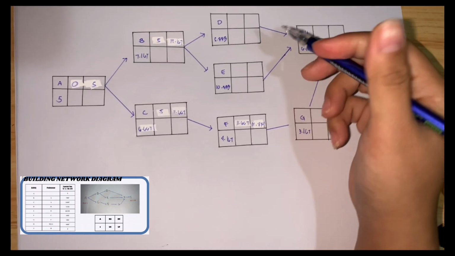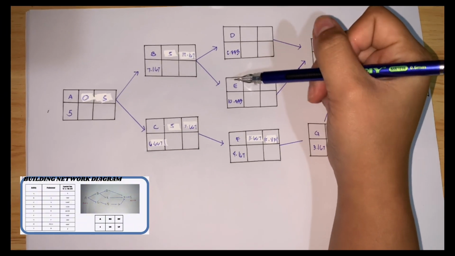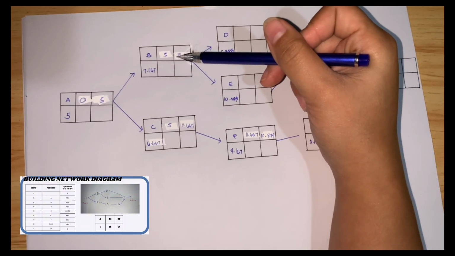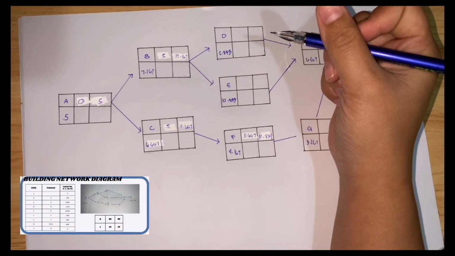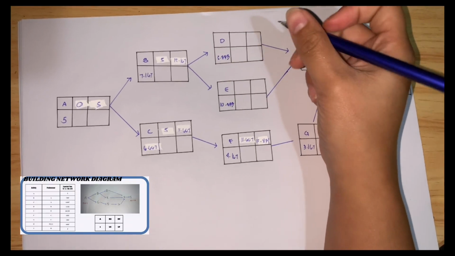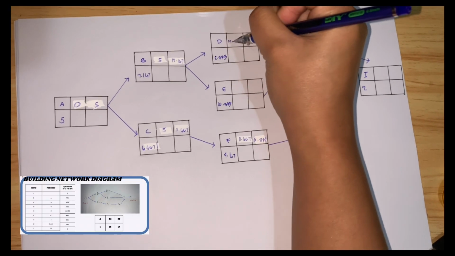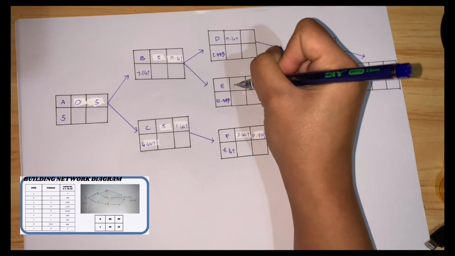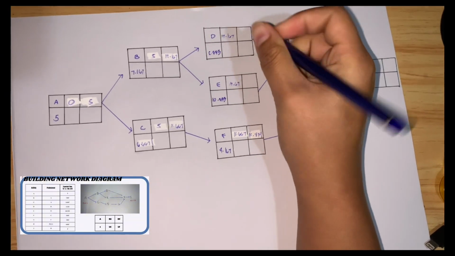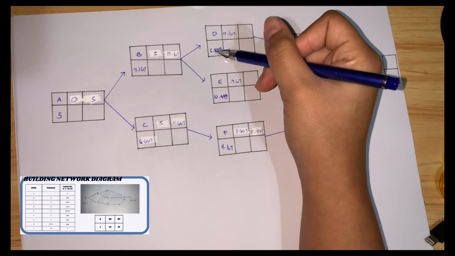And here D and E, since B has an EF of 12.167, the ES of D and E is equal to 12.167, and we add the expected time.